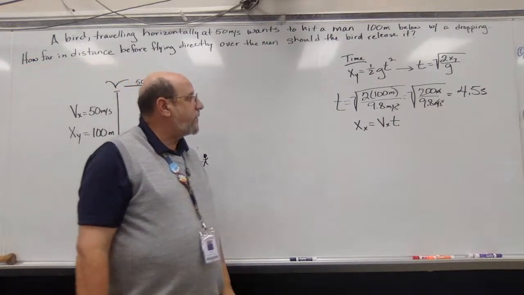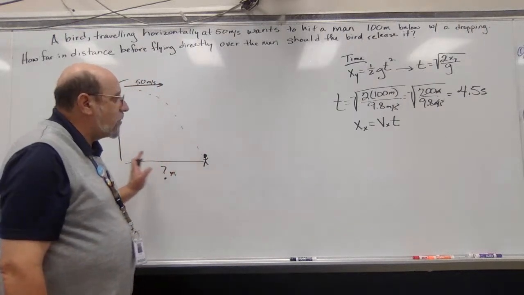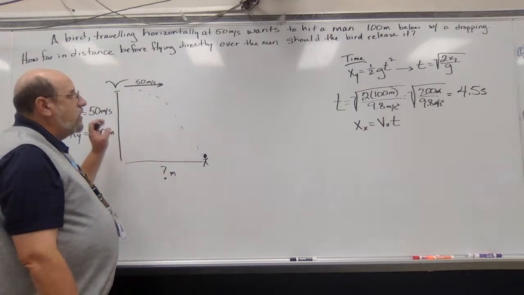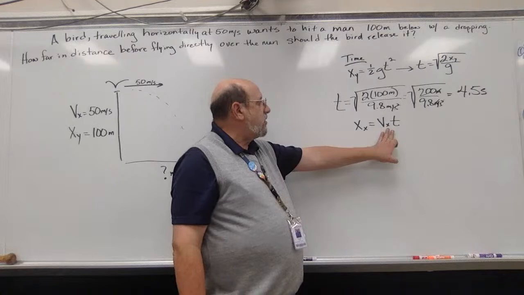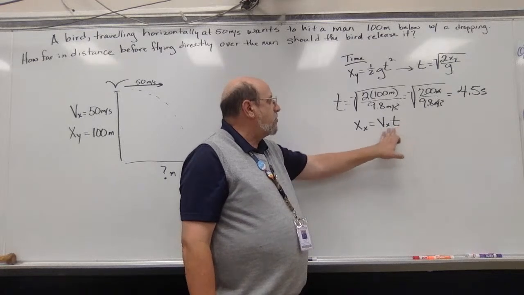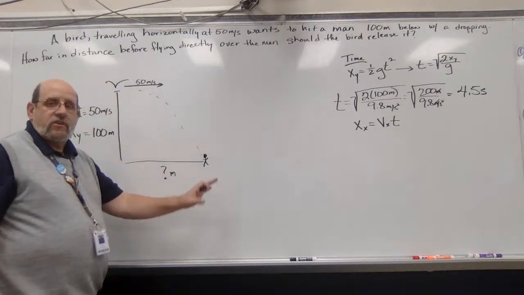Seems about right. And then I want to know how far away I have to be. Well, I already know what my horizontal velocity is, and now I know time. If I just multiply those two things together, I know how far away this object is going to land.